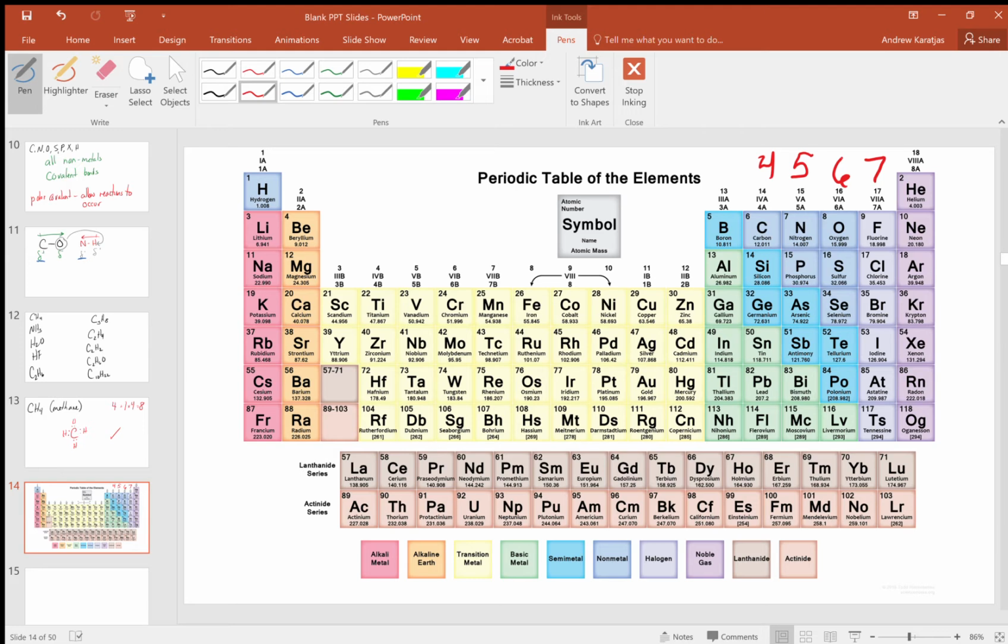So if one of our elements in group 17 wants to form an octet, how many more electrons does it need? It needs 1 more. So how many bonds will it form? In general, 1. Over into group 16. How many bonds do we need? We need 2 electrons, therefore we need 2 bonds.